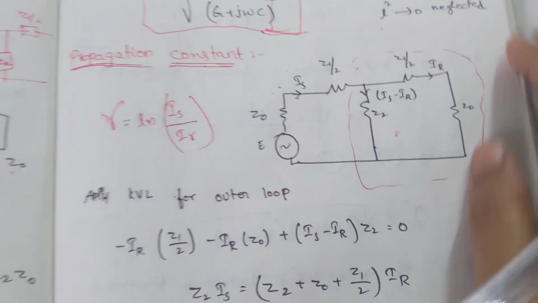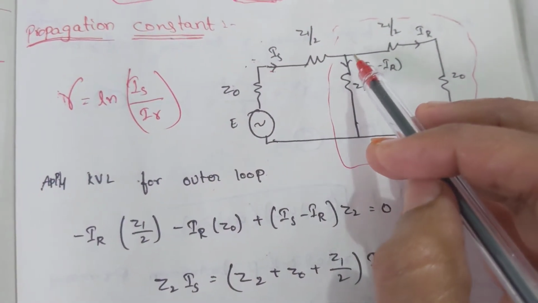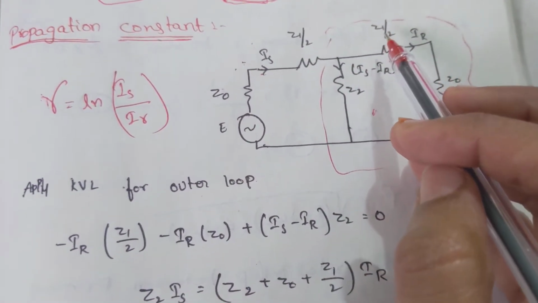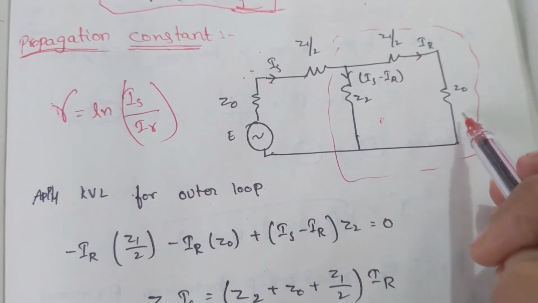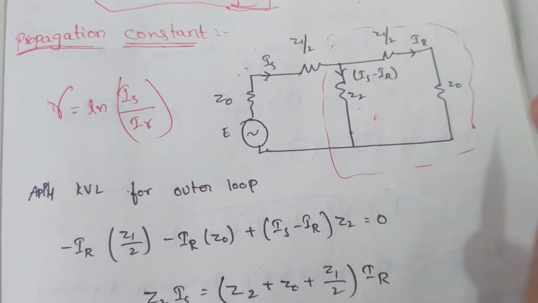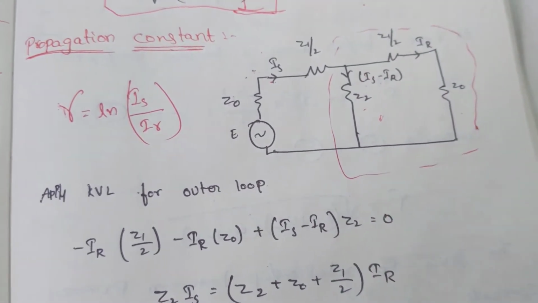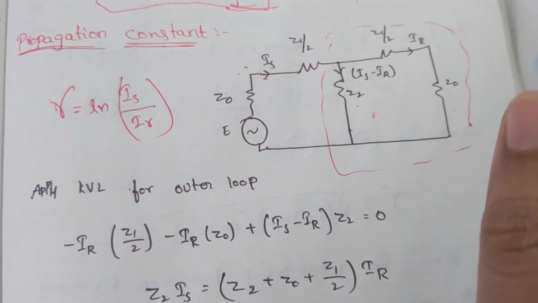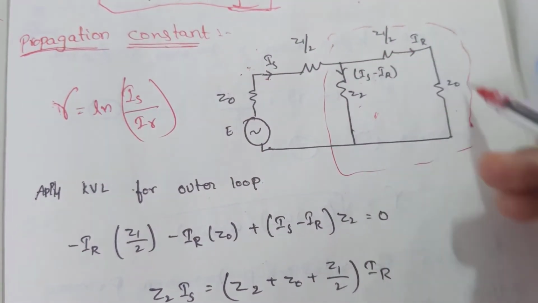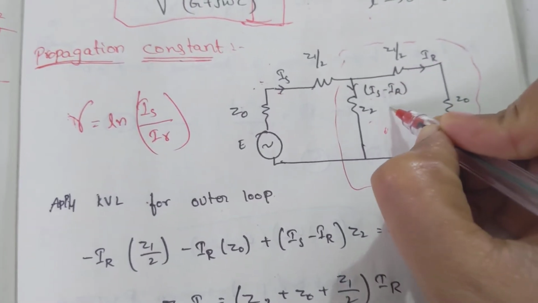In this outer loop, please observe carefully. The current flowing through Z1 by 2 is Ir, through Z0 is Ir, and through Z2 it is Is minus Ir. Here all are drops, so I simply write the loop equation.